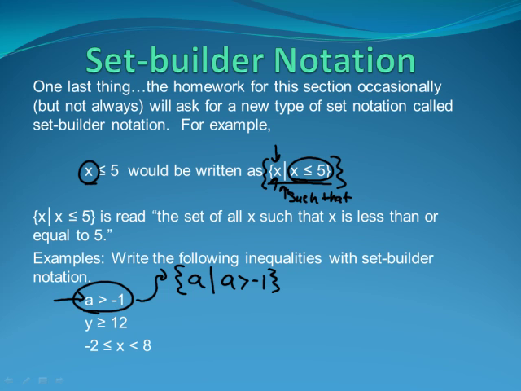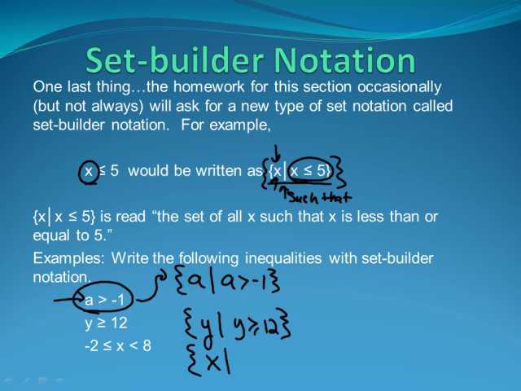For y is greater than or equal to 12, we've got our bracket notation. Now we've got the variable y such that y is greater than or equal to 12, and that is set builder notation for that inequality. And finally, for our double inequality, set builder notation is set up the same. We now have the variable x again.